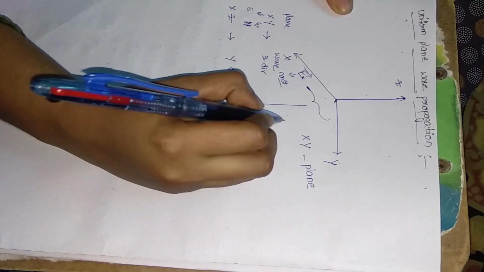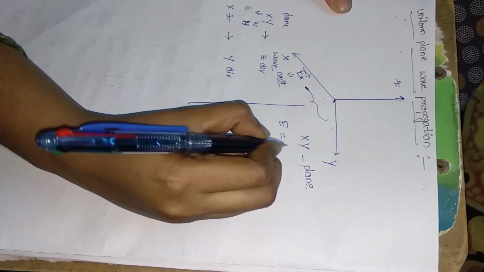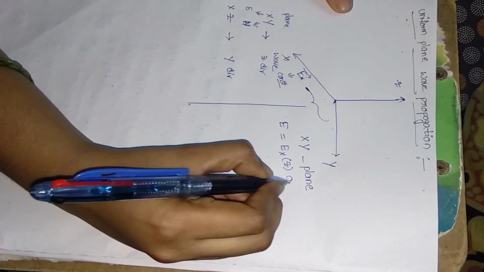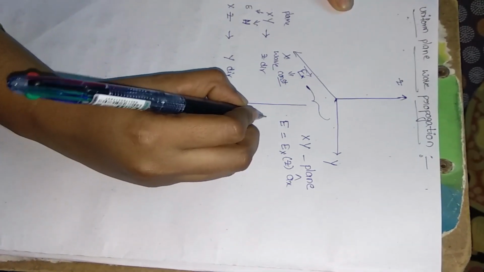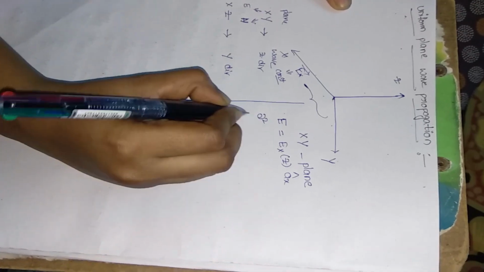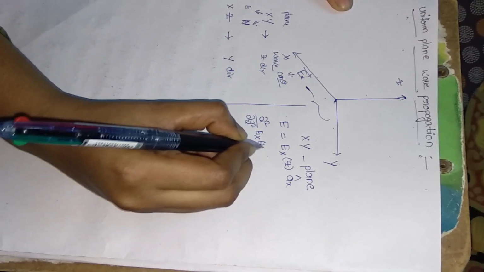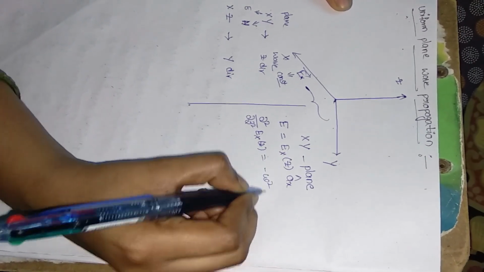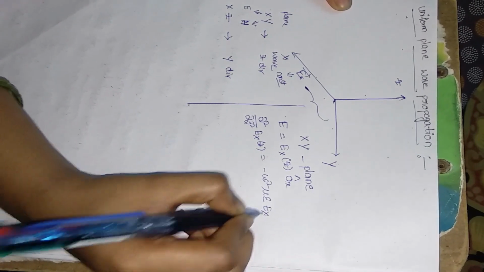If it is the plane, then the electric field E is equal to Ex of z Ax cap. From the propagation constant we have d square by dz square of Ex of z is equal to minus omega square mu epsilon into Ex.